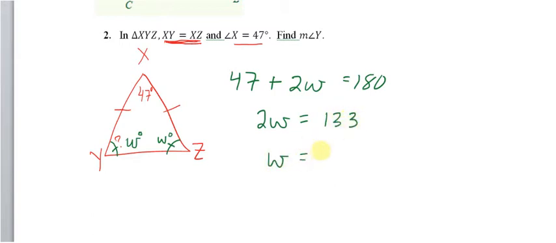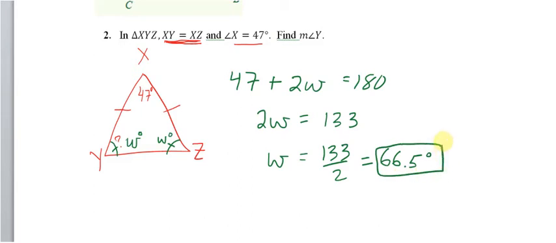So w is equal to 133 over 2, which is not 61, excuse me, but rather 66.5 degrees. All right, so there you have it, a very simple example of solving a problem that involves base angles.